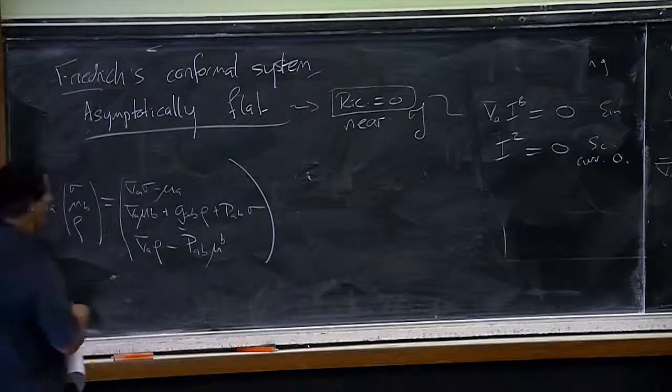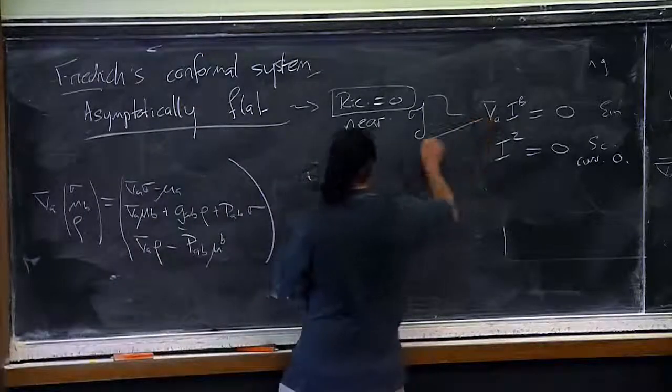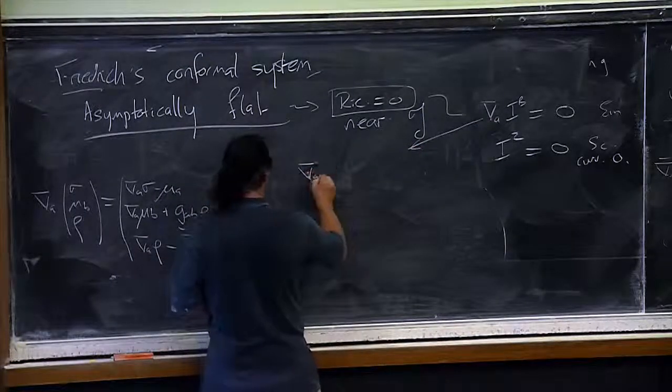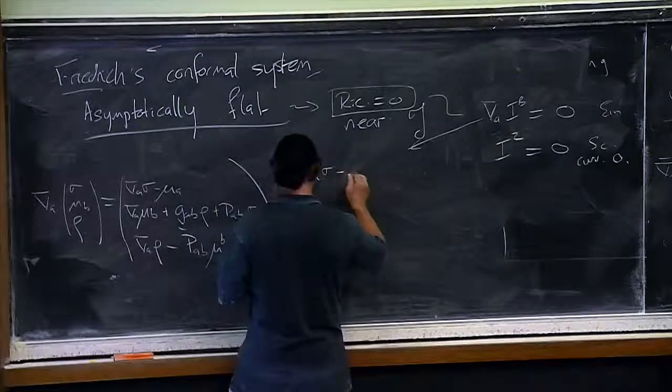Okay, so that was the tractor connection. So what this gives us is grad A sigma equals mu A.